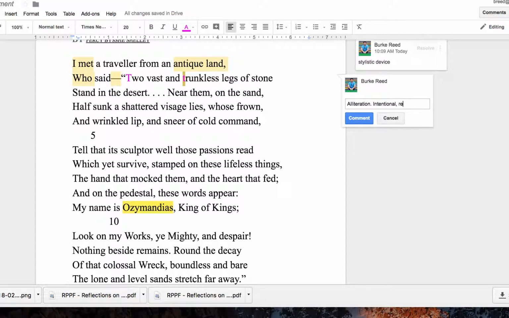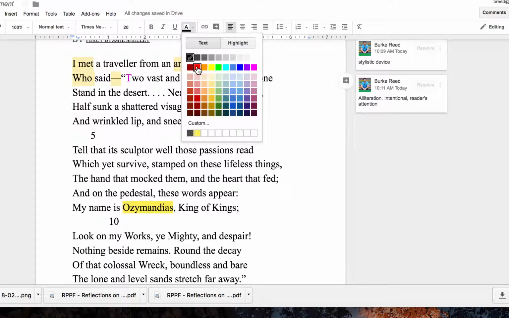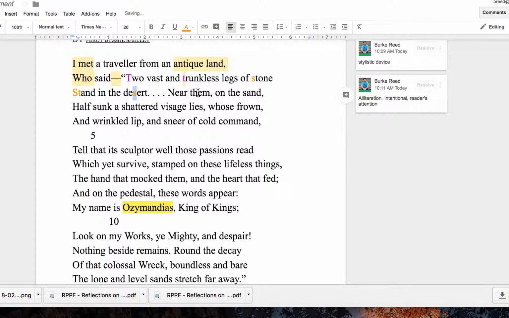Okay, from there we go to "stand in the desert near them on the sand, half sunk, a shattered visage lies." So again, let's talk about sound devices here. So we have stone, and I'm going to do this in a different color. We're going to go orange, we'll go stand, desert, right? And what we call this is something called sibilance.